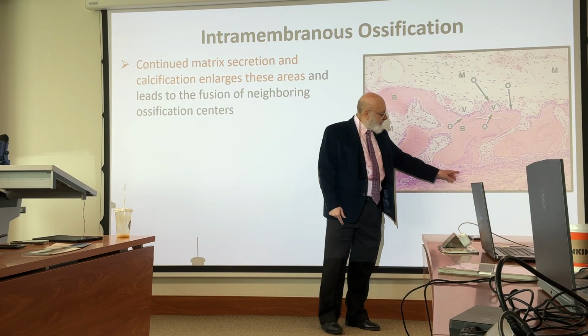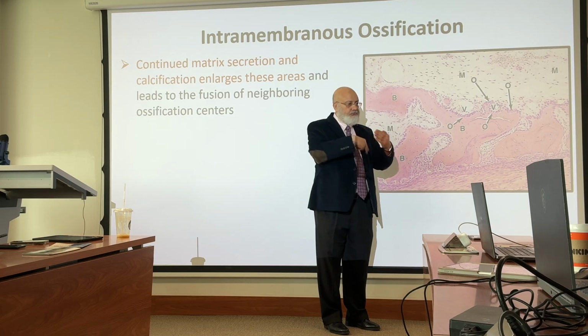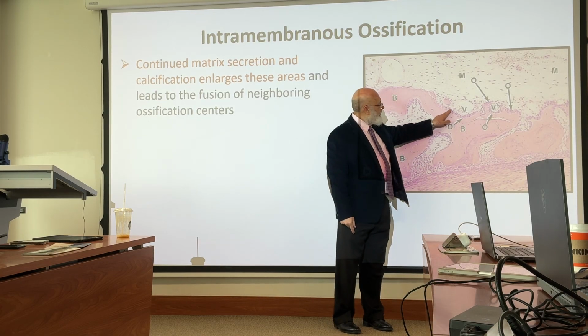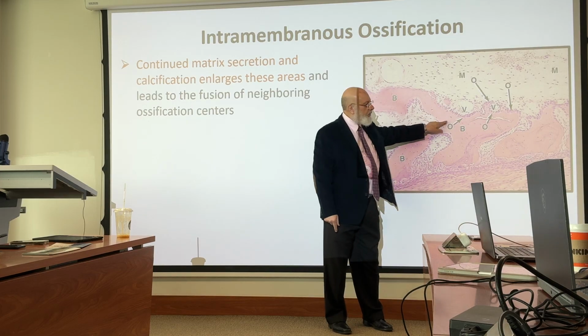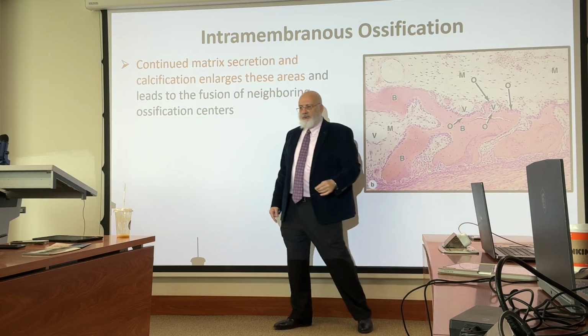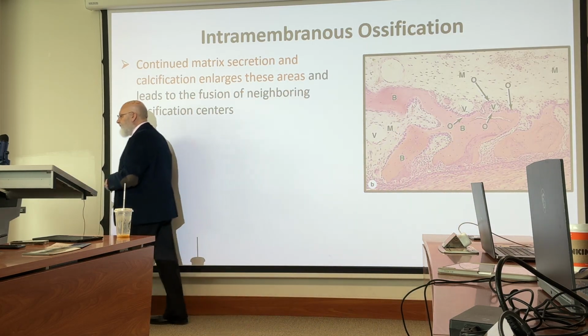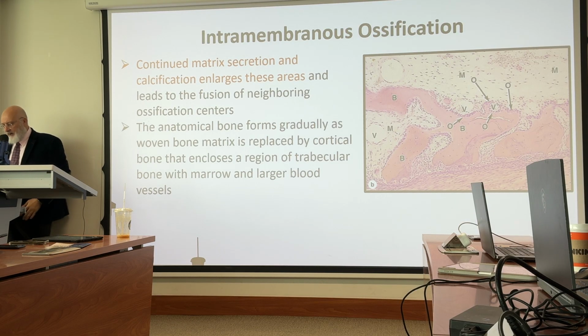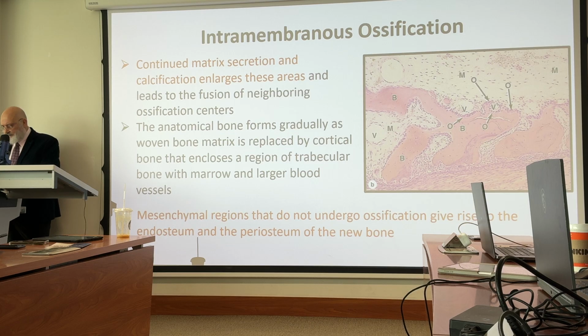You go inside the area which is supposed to be cortical bone, and the osteoblasts will put down the layers of osteons. If it is trabecular, osteoclasts will just carve through the piece of bone, making it thin. All of this is signaled, and they know exactly what to do. So you end up with intramembranous ossification.